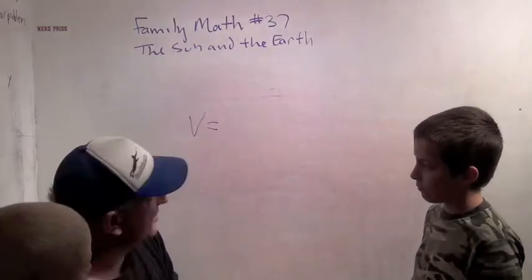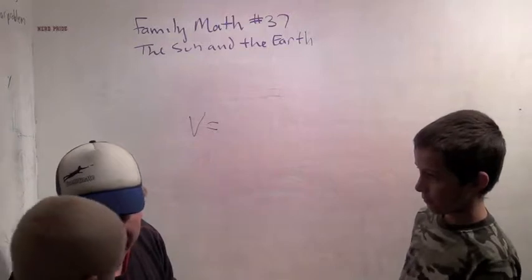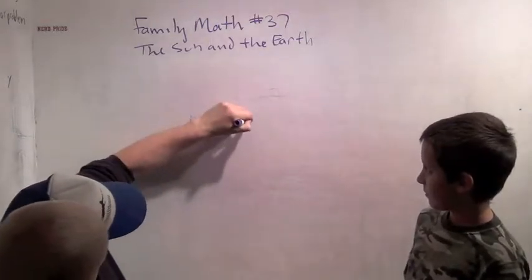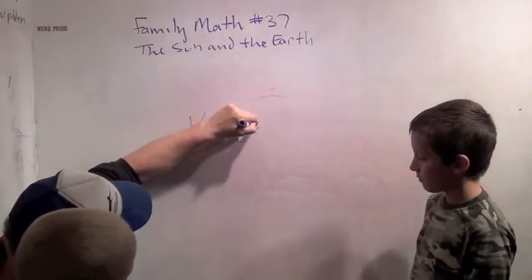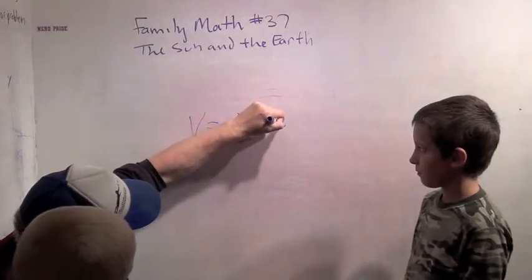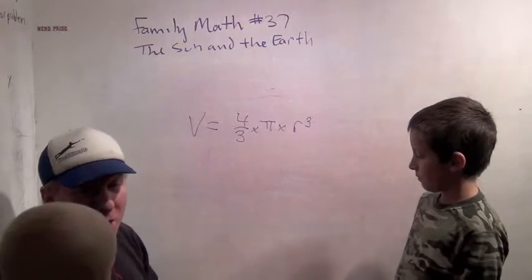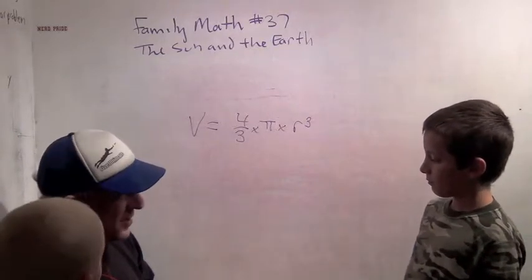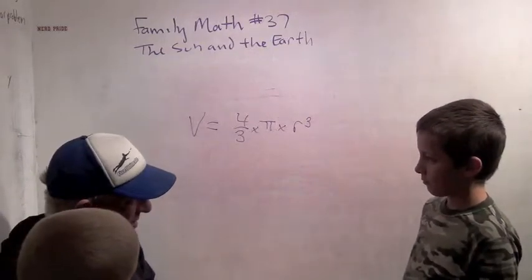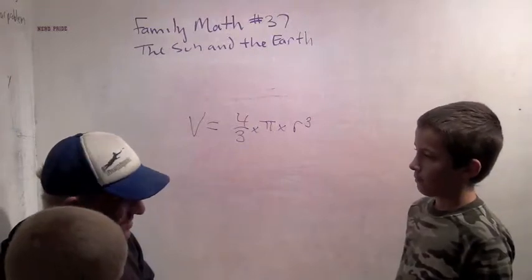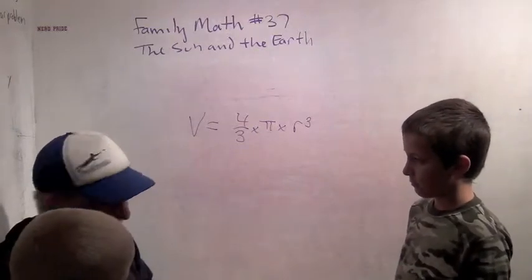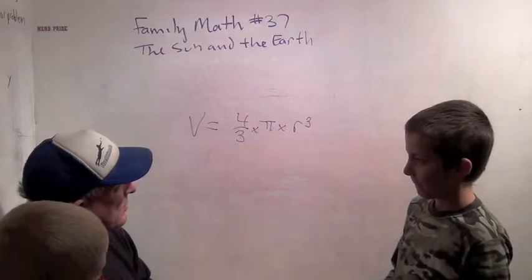Okay, the volume is 4/3 times pi times the radius cubed. Whoa! How did they figure that out? I don't know. Well, maybe one day we'll learn about this.